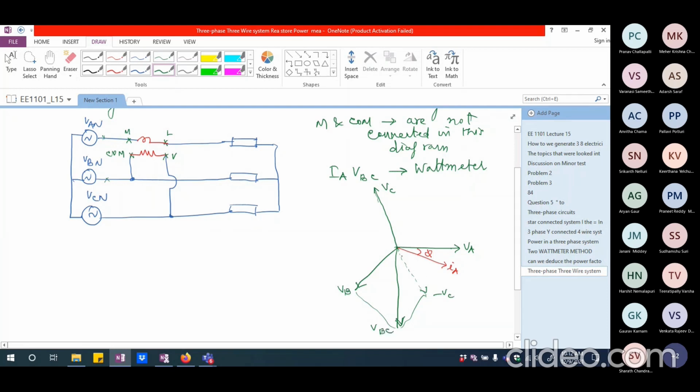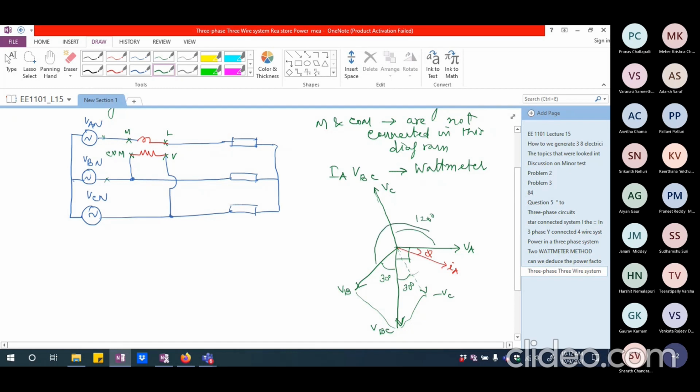VBC and VA are shifted from each other by 90 degrees, because this will be 30 clearly. I have not drawn it very well. This is also 30. So obviously this entire thing is 120 between VA and VB. This is 120 and this is going to be 240.